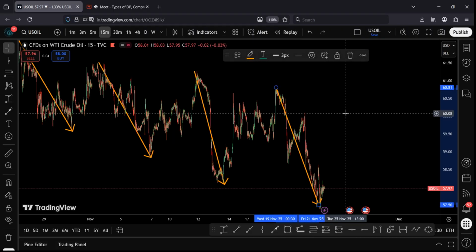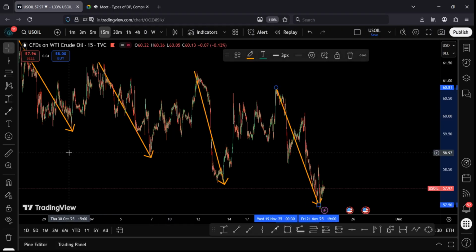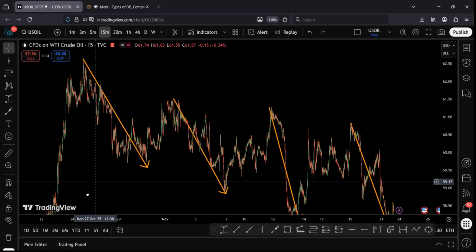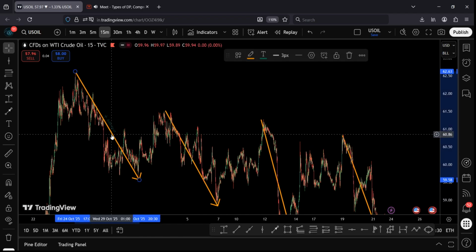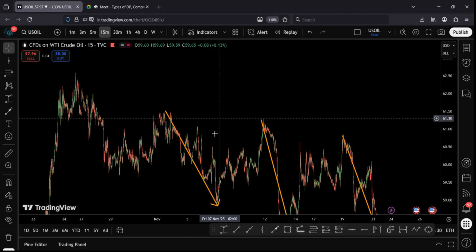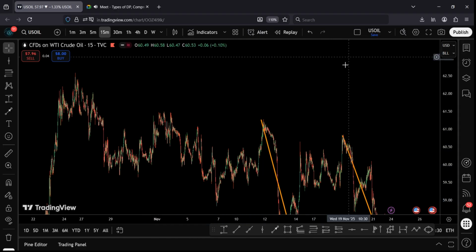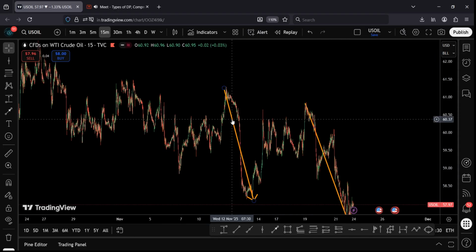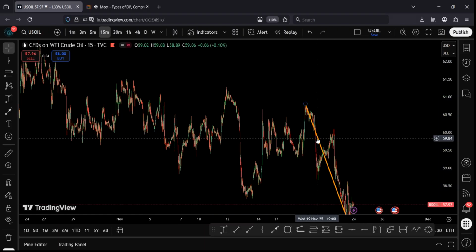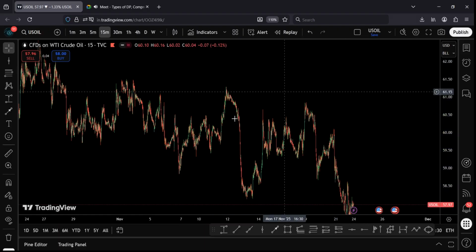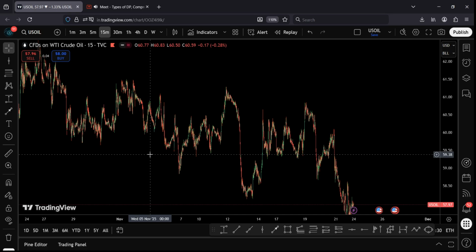But the basic idea will be the same. There will be a fake zone. It will fake out to that fake zone, reach the MPL, then fall down again. Right? When it reaches the MPL, what will you do? You will look for the PA at lower time frame. You will look for the QM or ignored QM or some other PA on lower time frame and then enter.